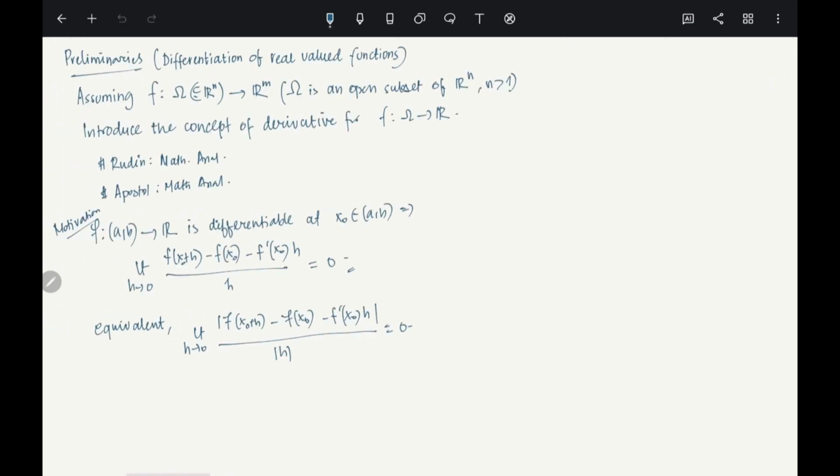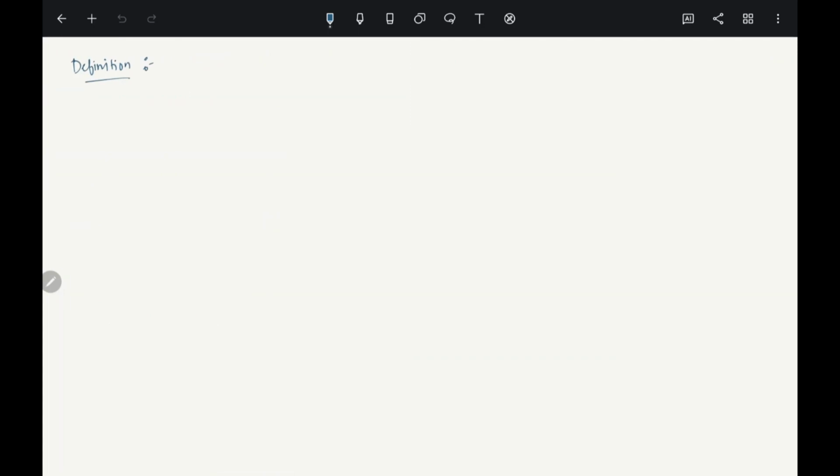So, the definition. Please remember that the definition I am putting is for a function from Rn to Rm. Let f from omega to Rm be any given function, where omega is a subset of Rn.